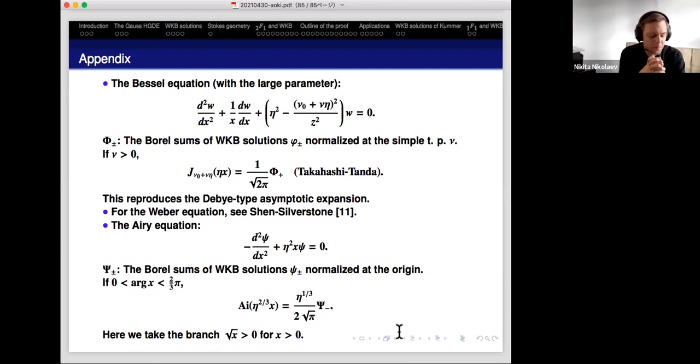May I ask regarding the confluence procedure itself and using WKB for the global analysis of a differential equation.